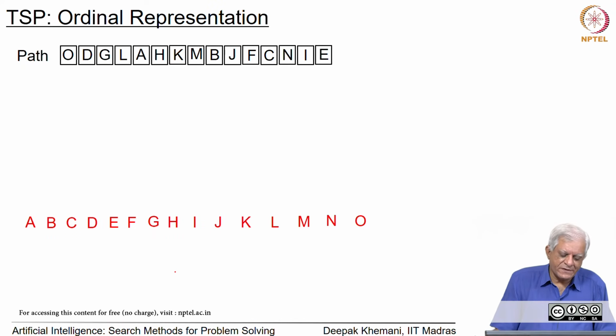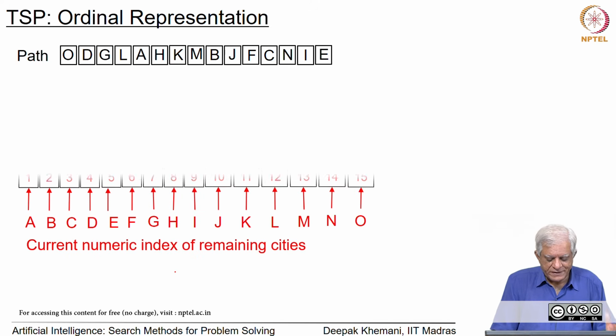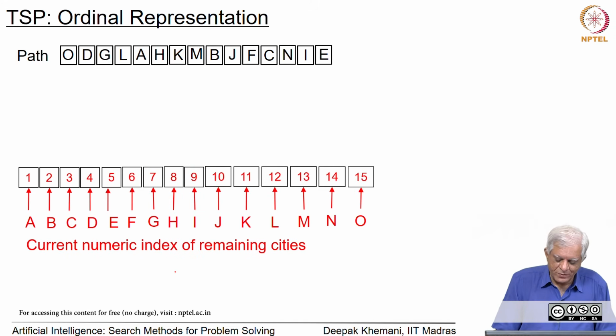Again let us consider our tour which we call parent 1. In the path representation it says O, D, G, L, A. That means you start with O, go to D, go to G, go to L and go to A, and so on. Like in the adjacency representation, we start with an index of the cities, but what we do now is that we keep a numeric index.